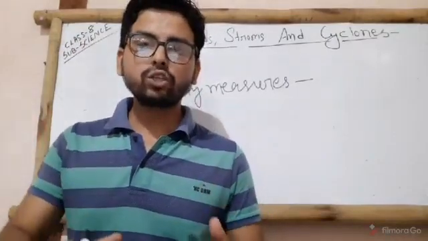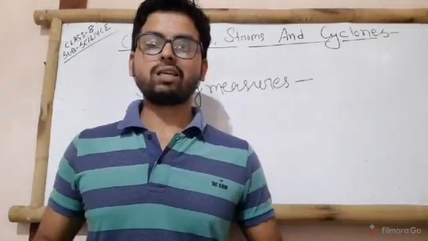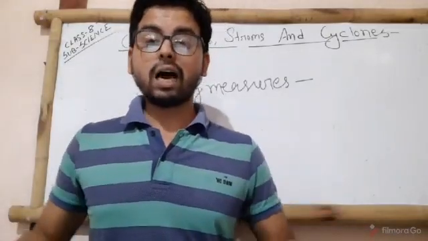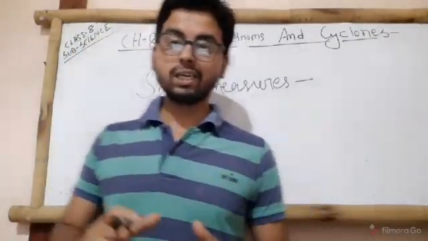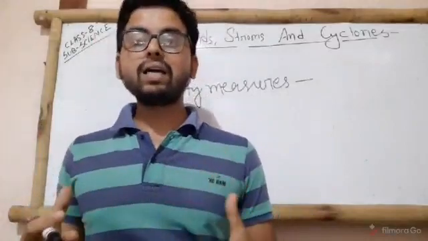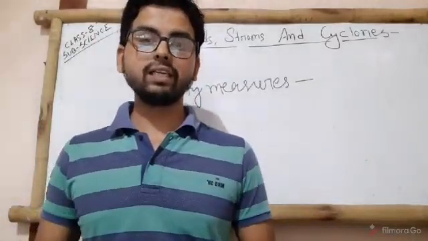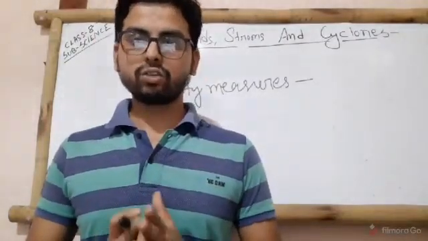Next is one should stay at home or at the shelter and should not move out unnecessarily, clear. One should not put unnecessary demands to the rescue team and should cooperate with them, clear. And one should help each other in such a situation, understood?